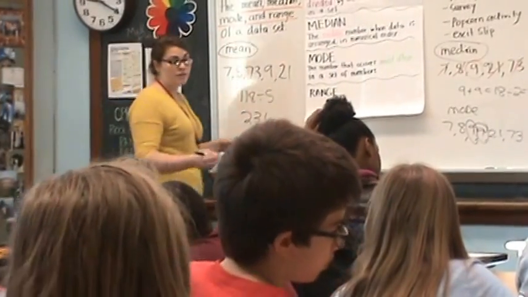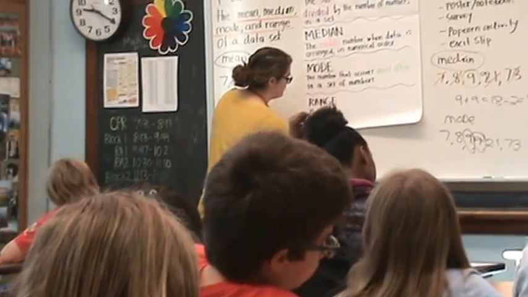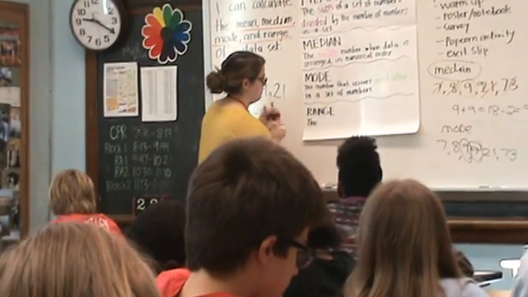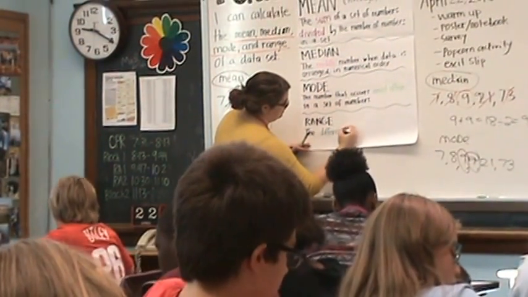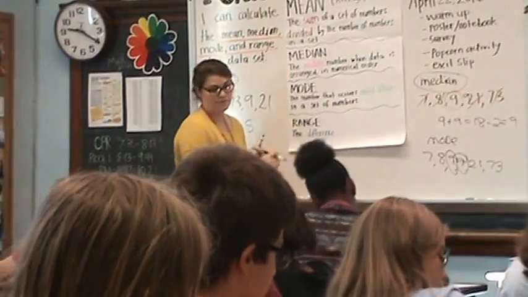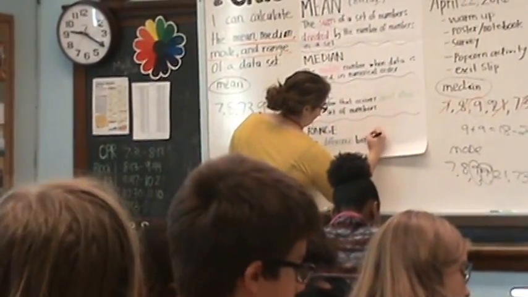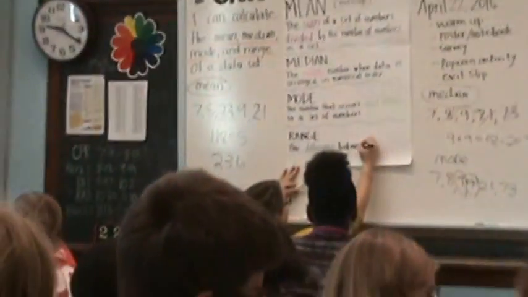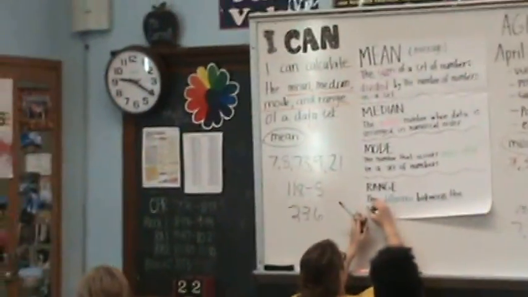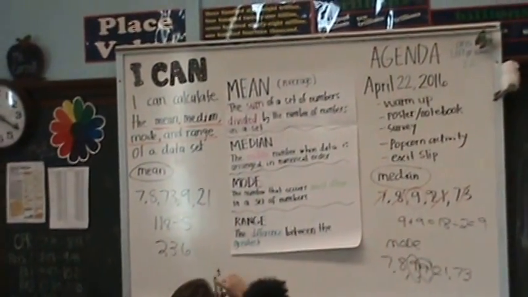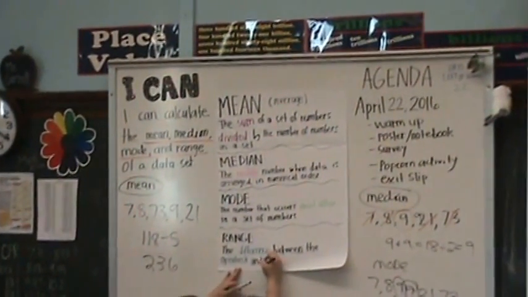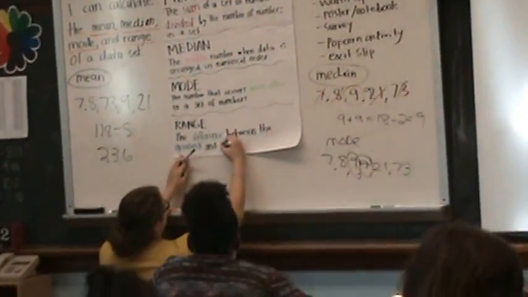So what you do in order to find the range is you find the difference between the greatest and least number in a data set.